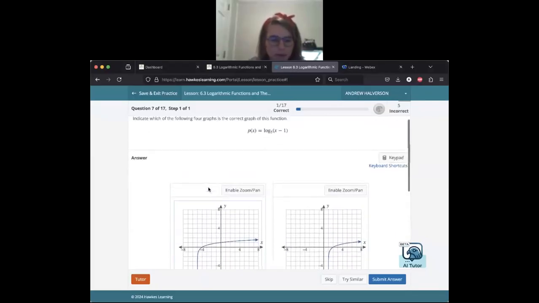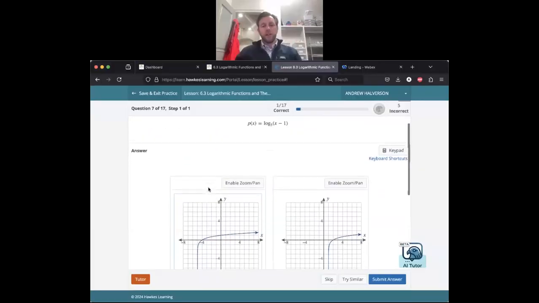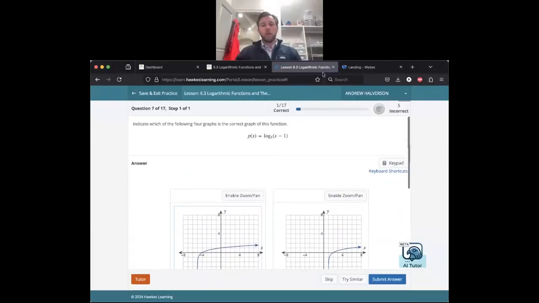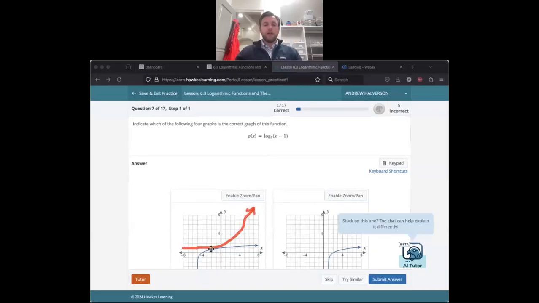Traditionally it goes through a log function. So let's say it this way. An exponential runs like this. Notice the key is that the base function typically goes through the y-intercept of 1. Now here, this shifts it over.